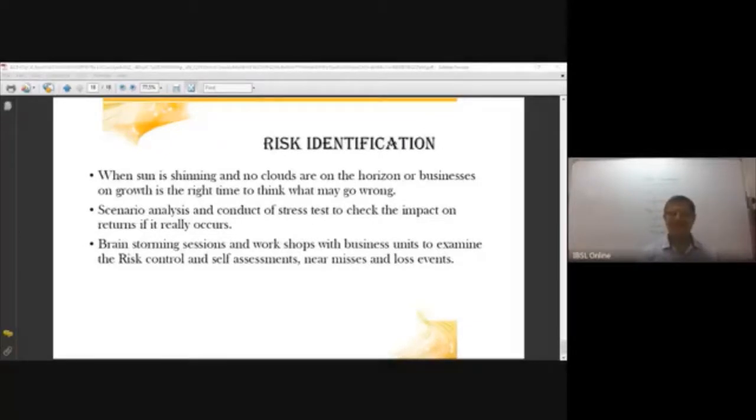Now say if you take post-COVID, if that proposal is to build another hotel, what will happen? Because in your identification, you see this particular industry will have certain risks. The future will not be as bright as it was before.